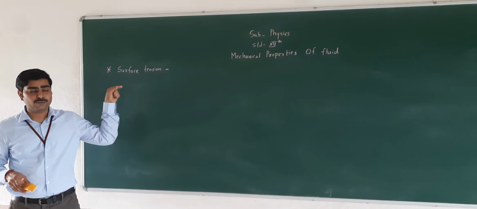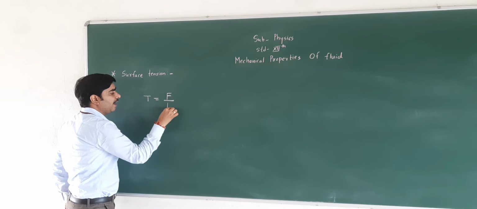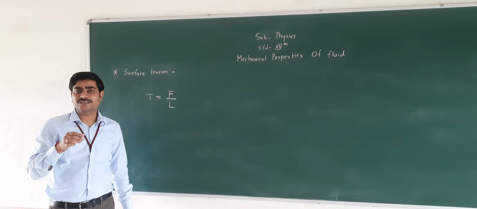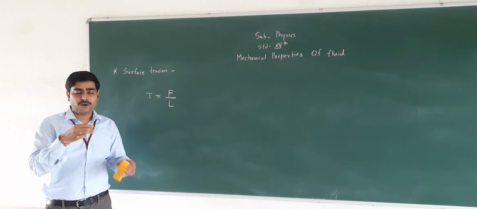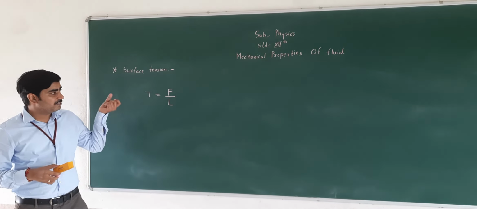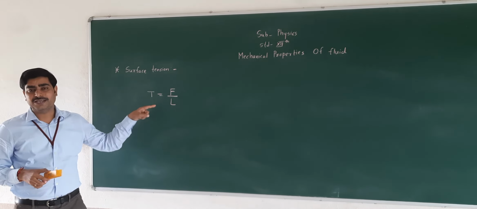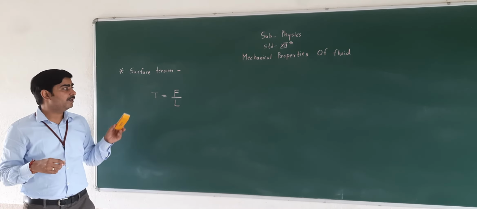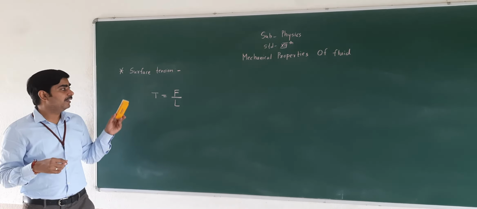The surface tension can be defined as the force per unit length acting at right angle on the imaginary side of liquid on the both sides. So the tangential force per unit length acting at right angle on the both side of liquid is known as surface tension.